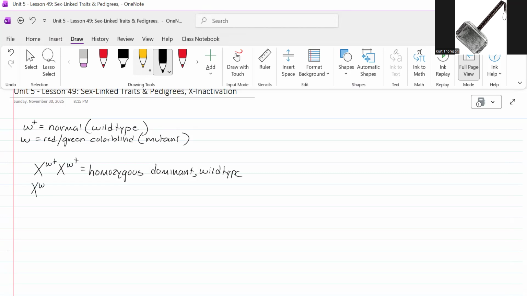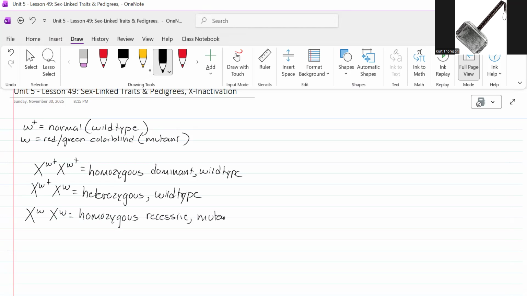If I have a female with this genotype, she is going to be heterozygous and she'll have the wild type trait. Now keep in mind that heterozygous means hybrid or a carrier. Then you have this female who is homozygous recessive and has the mutant trait, which would be colorblind.